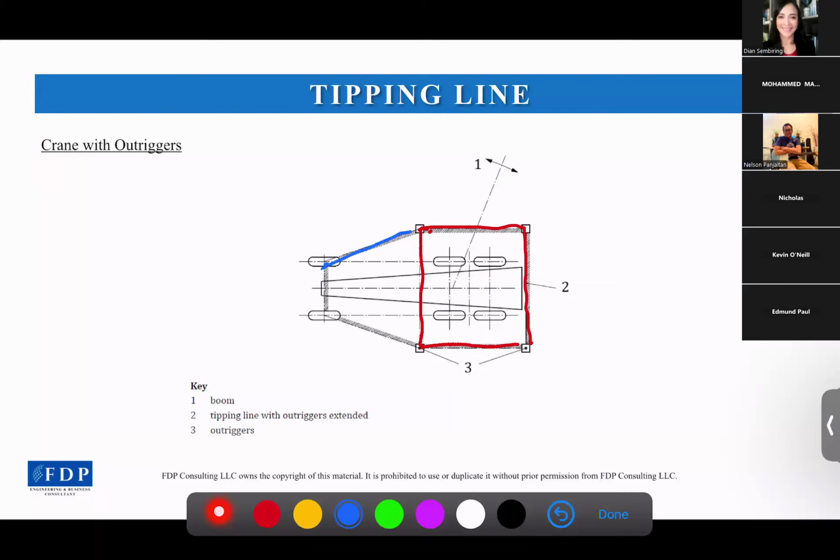So it will be like this. As long as the COG is inside the tipping line, then the crane should be safe during lifting. If the COG is out from the tipping line, then we should rearrange to make it inside. So that's for the crane with outriggers.